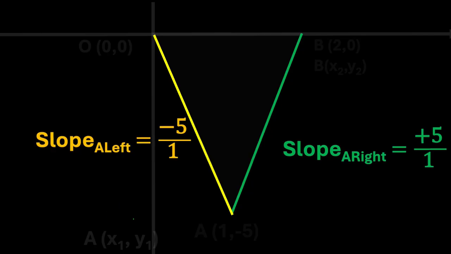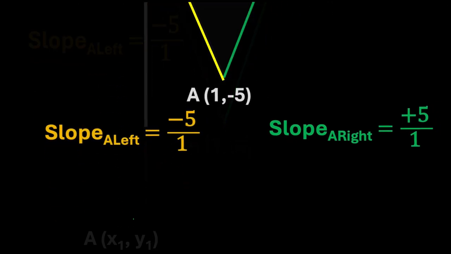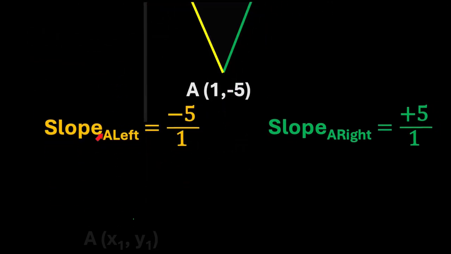What would this imply? This means that approaching from the left, slope is minus 5.